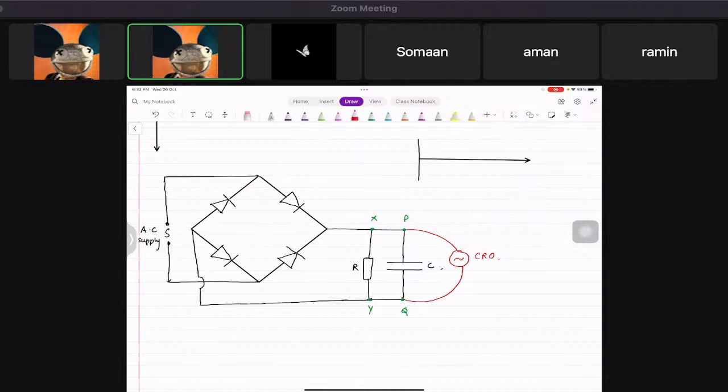So actually, when the positive side of this is rectified, it reaches the maximum voltage. So basically, the current goes in. The current also goes to the capacitor. It charges the capacitor and it goes through R. Do you guys understand this?